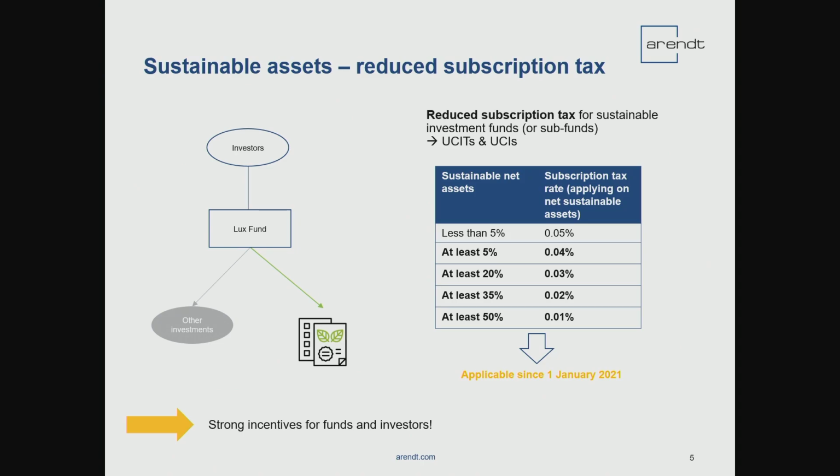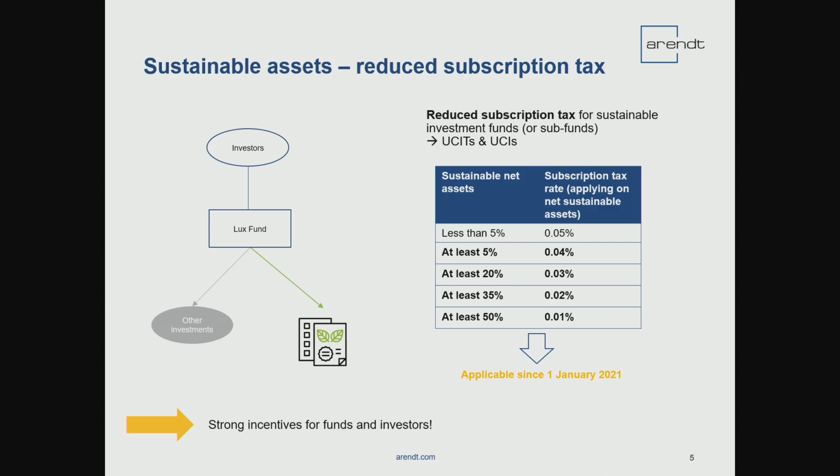So what has been done by the legislator following the taxonomy regulation, with effect as of 1st of January 2021? Basically, the Luxembourg legislator has introduced a kind of cascade table for successive subscription tax reductions, depending on the sustainable net assets within your fund.